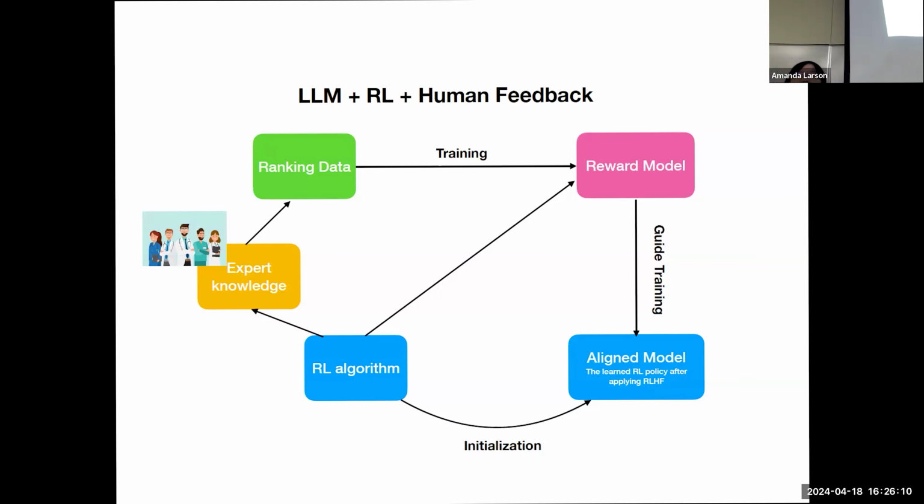You can put that information into the inverse reinforcement learning for your model, then retrain your original model and get a new model. Here we call it an aligned model. It's the learned reinforcement learning policy after applying this reinforcement learning with human feedback. Okay, so that's our final step.